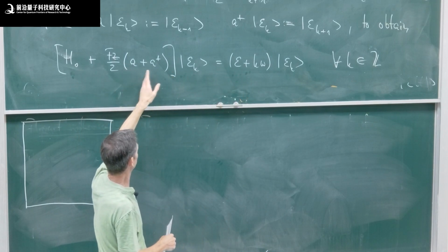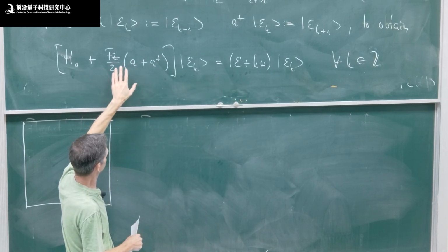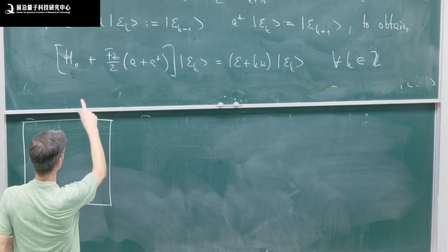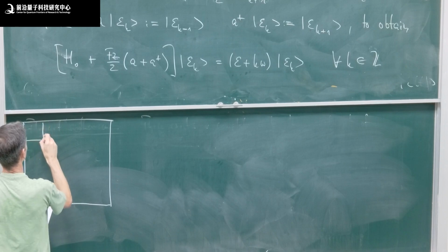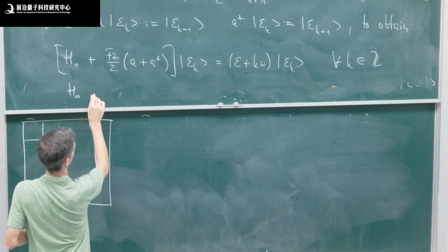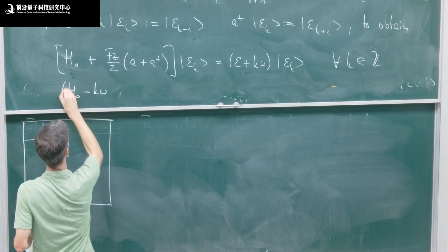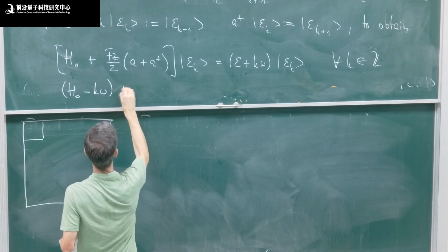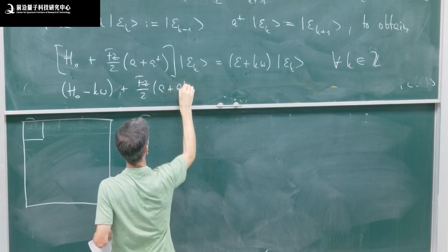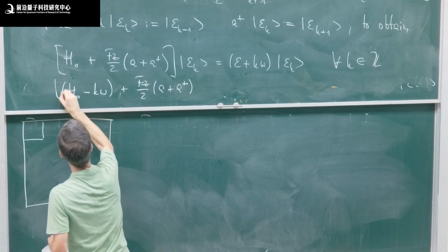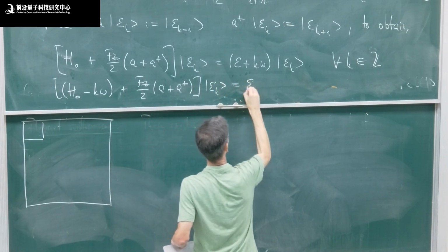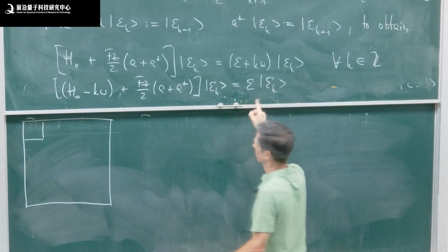You can put the diagonal part to the left-hand side. On the right-hand side you would have this coupling part. Let's write it differently: H naught minus k omega plus Fz halves times (A plus A dagger) epsilon k equals epsilon epsilon k. Let's write like this, right?